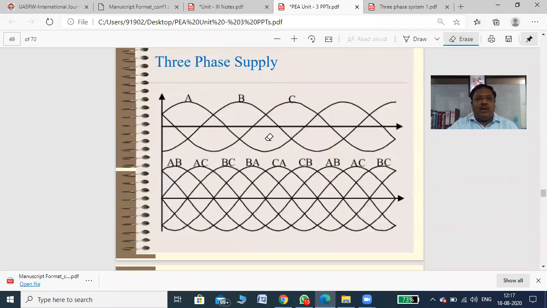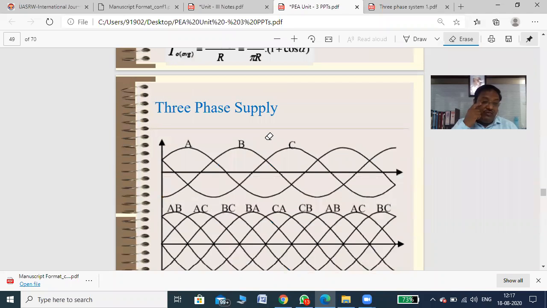Now the next part is the three-phase supply voltage, or the three-phase converter. The three-phase converter is the most important, because definitely one or two questions may be asked on it.